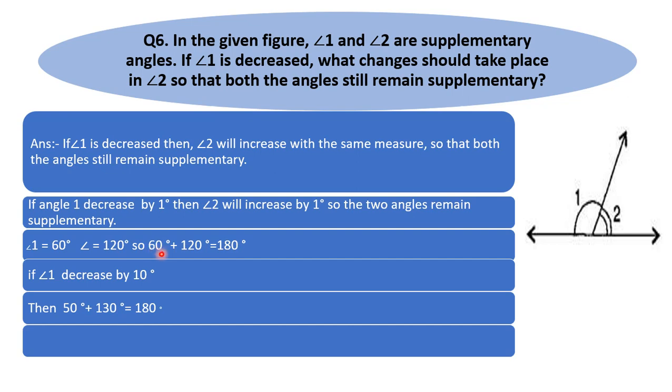So we reduce angle 1 by 10 degree. So the change in angle 2 will be plus 10 degree. So 60 minus 10 is 50 degree, and 120 plus 10 is 130 degree. So 50 plus 130, again their sum is 180 degree. So we can say if angle 1 decreases, then angle 2 will increase with the same measure, so that both the angles still remain supplementary angles.